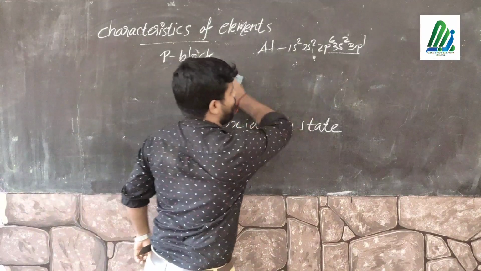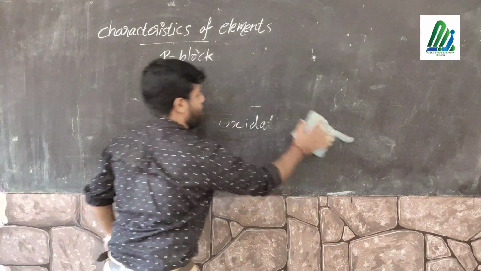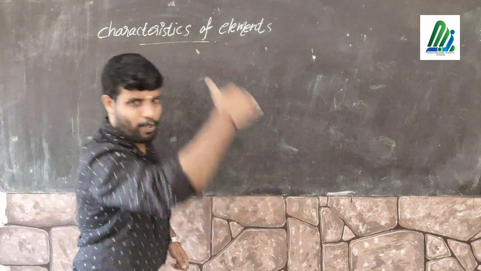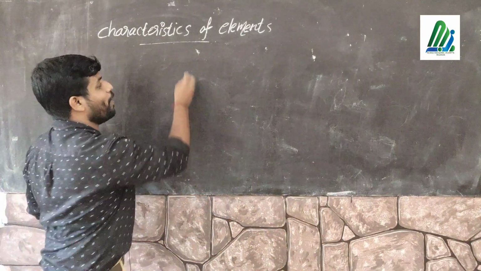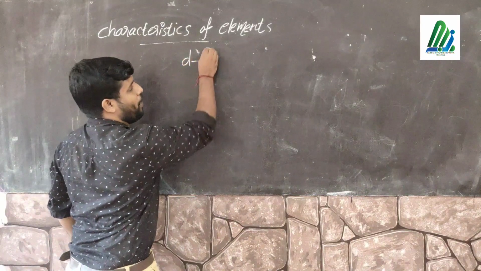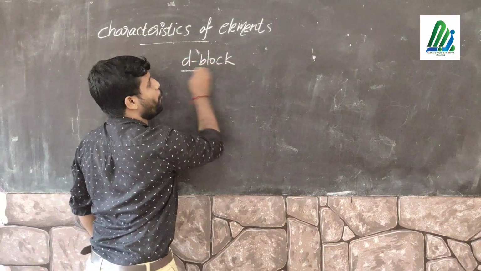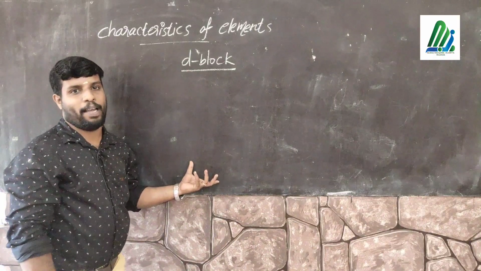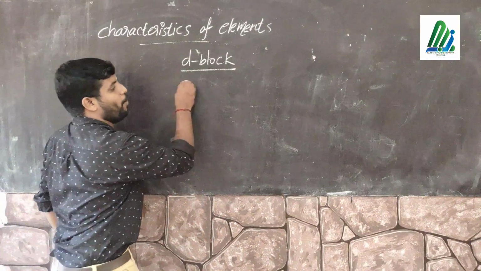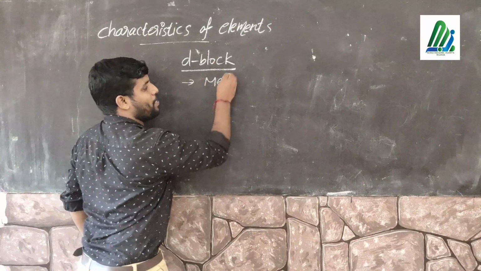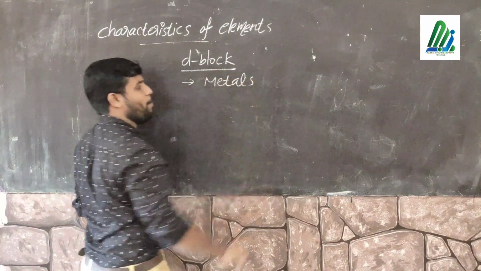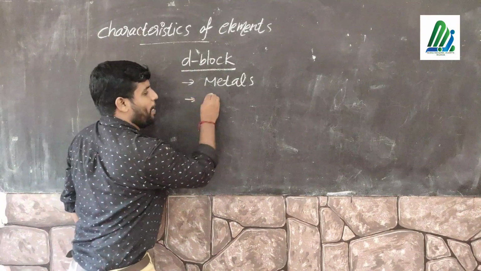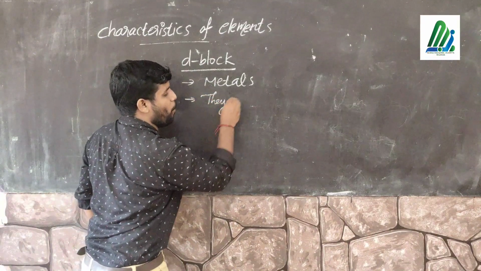Then we are going to discuss the important characteristics of D block elements. First of all, we want to know what the characteristics of D block elements are, and next we will explain them. The first and important one: D block elements are all metals. Second, they form colored compounds.